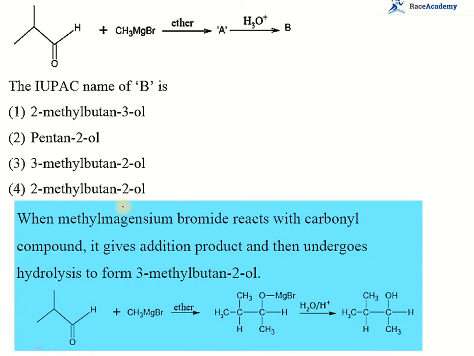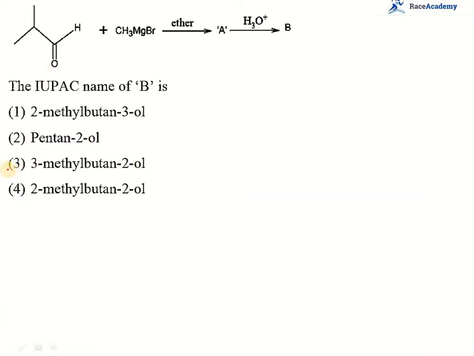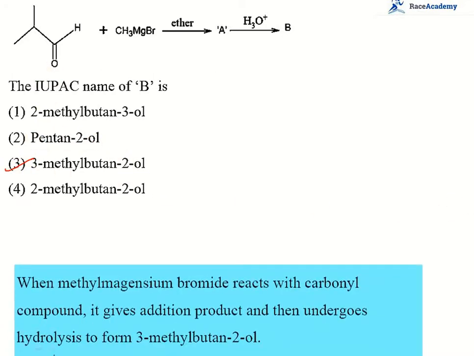See, in this, when you take methyl magnesium bromide where the carbon-oxygen double bond is there, you will get one alcohol functional group, and that OH is formed after the treatment of hydrolysis with the removal of the magnesium hydroxy compound, the addition compound. Then the final compound obtained, the alcohol, is called 3-methylbutan-2-ol. So 3-methylbutan-2-ol, that is the third option, is the right option for this one.